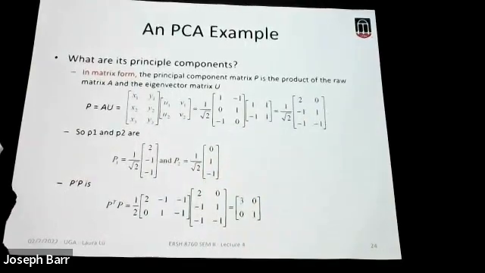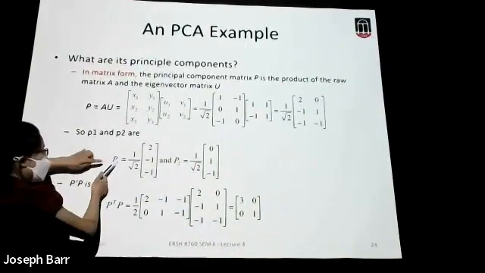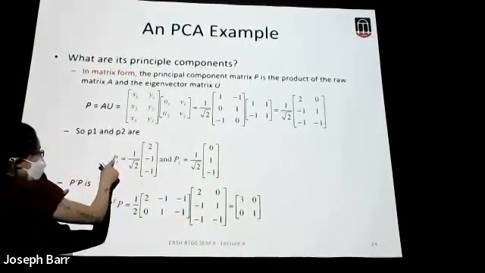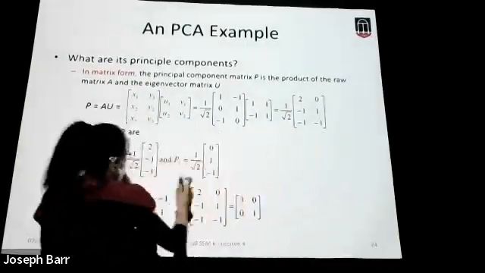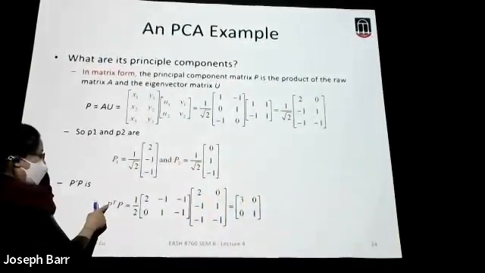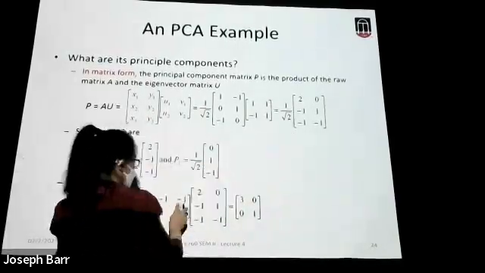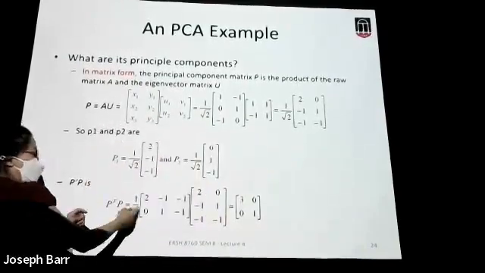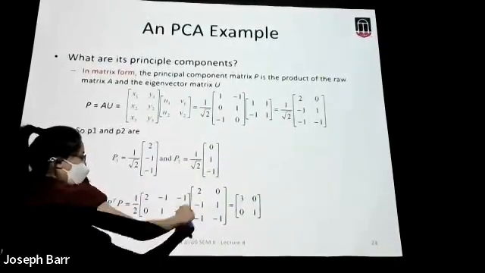Yeah, and we can verify this first component and second component. So this is P, actually the transpose. The transpose of P times original P. So the transpose of this matrix times the original matrix, and here square root of 2 twice becomes 2, and then you do the calculation.